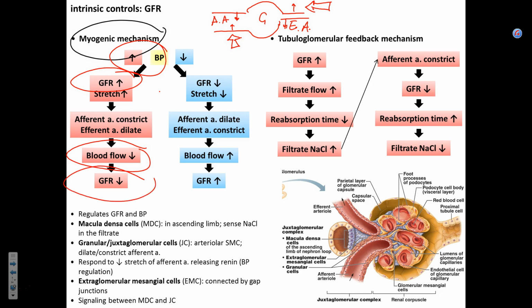Now, without drawing, tell me, and you can look there, but ideally just imagine this. Imagine that blood pressure drops a little bit, but drops. When blood pressure decreases, what happens to the blood flow through the glomerulus? Decreases. What happens to the GFR? Decreases. What happens to the stretch of arterioles? Decreases.